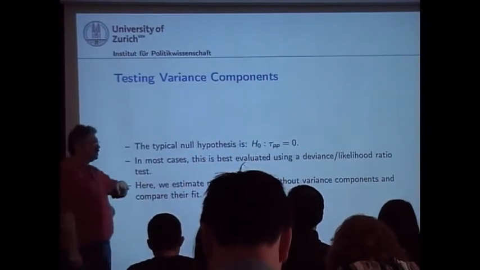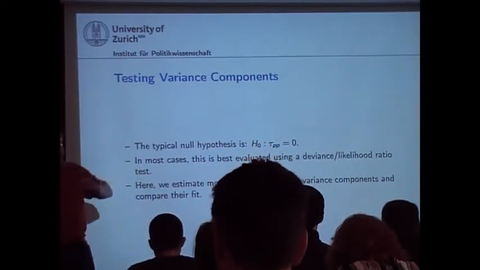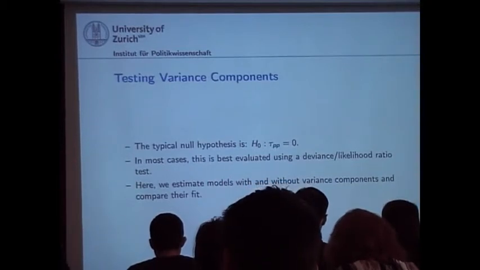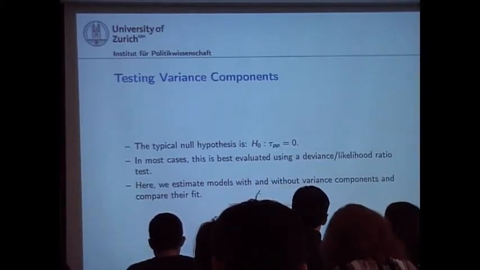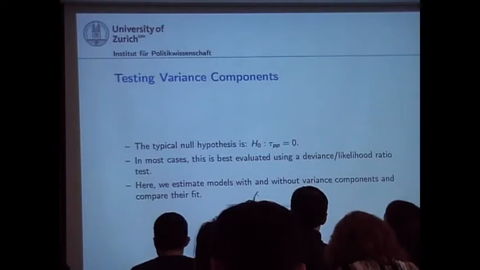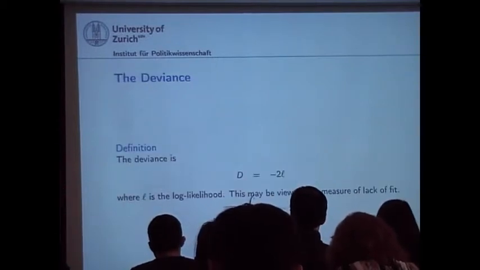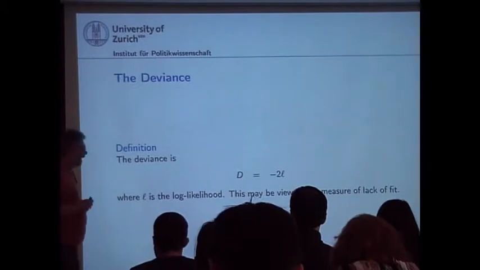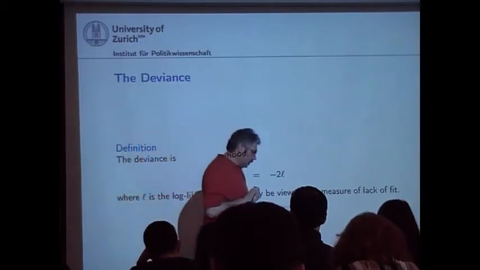You estimate the model with the variance component, and then you estimate one without, and then you compare the fit of those two models. You do that on the basis of deviance, and deviance is equal to -2 times the log likelihood.